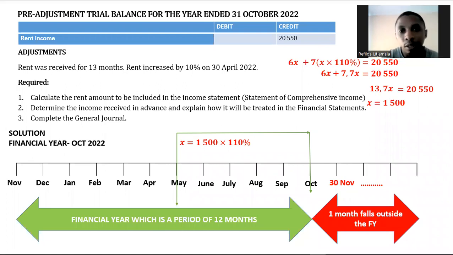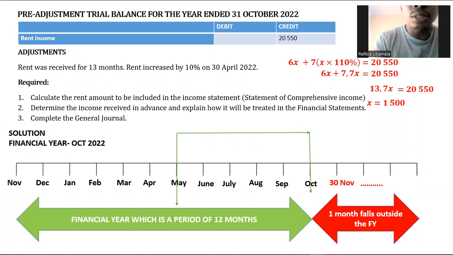I simply will increase that 1,500 by 10%. So it will be 1,500 times 110%. Please note that for me to get that 110%, I simply took 100% and added it with 10% because it has actually gone up, okay?